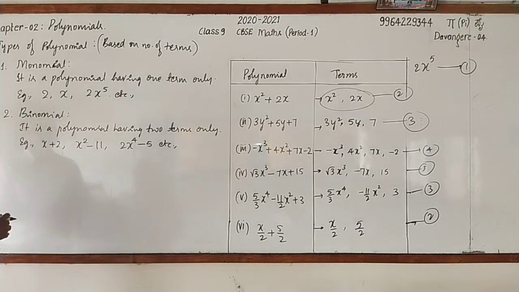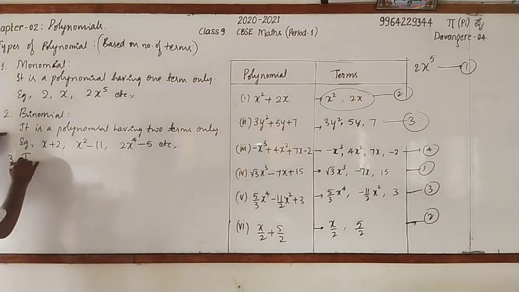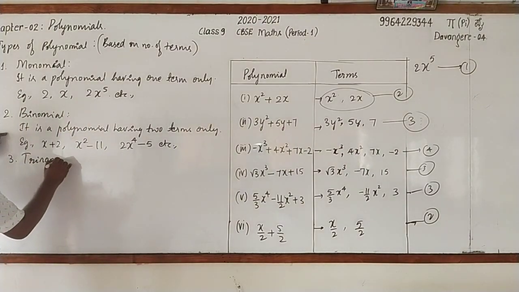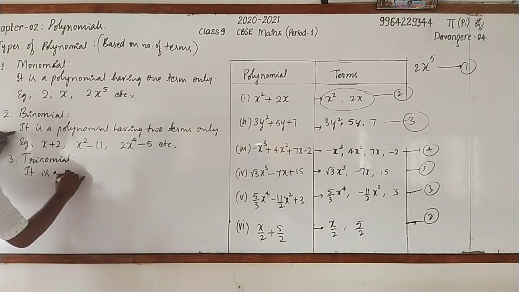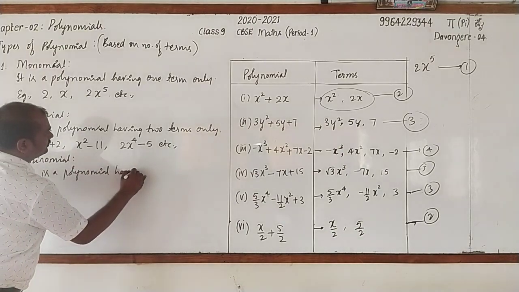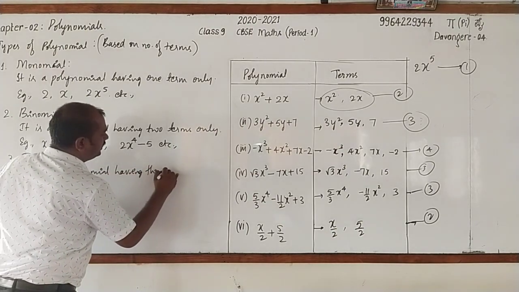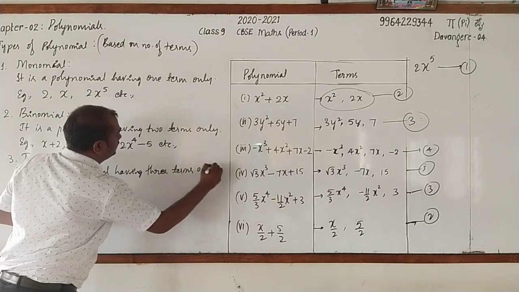Many are there. Next, third one. A polynomial having 3 terms. It is called trinomial. Let me write the definition of it. It is a polynomial having 3 terms only.